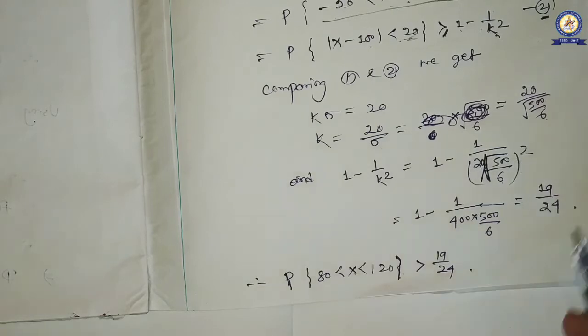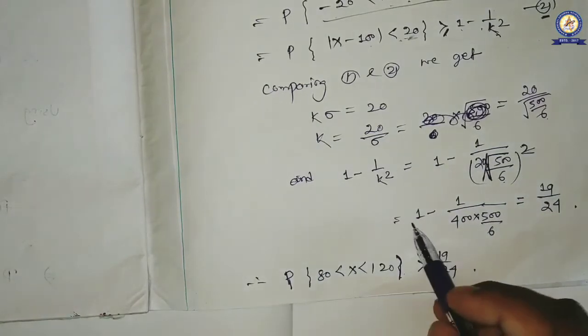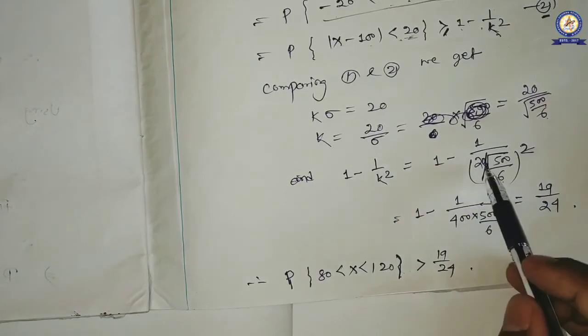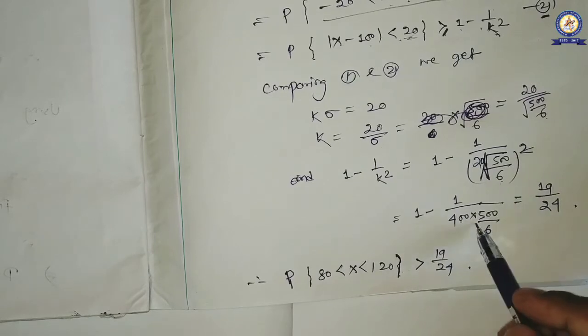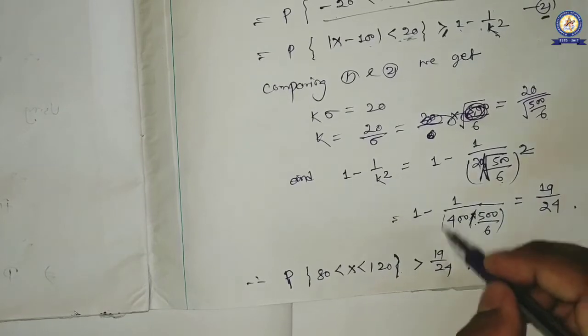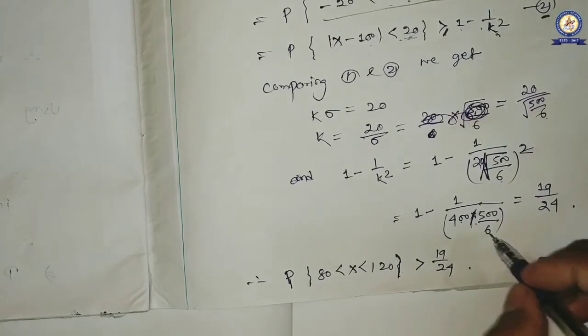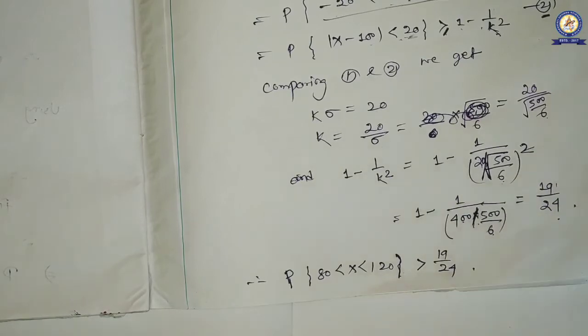Okay, root of 500 by 6 whole square. So this is 1 minus 1 by, this is 20 square, equal to 400, divided by 500 by 6. So this will be 19 by 24, right?